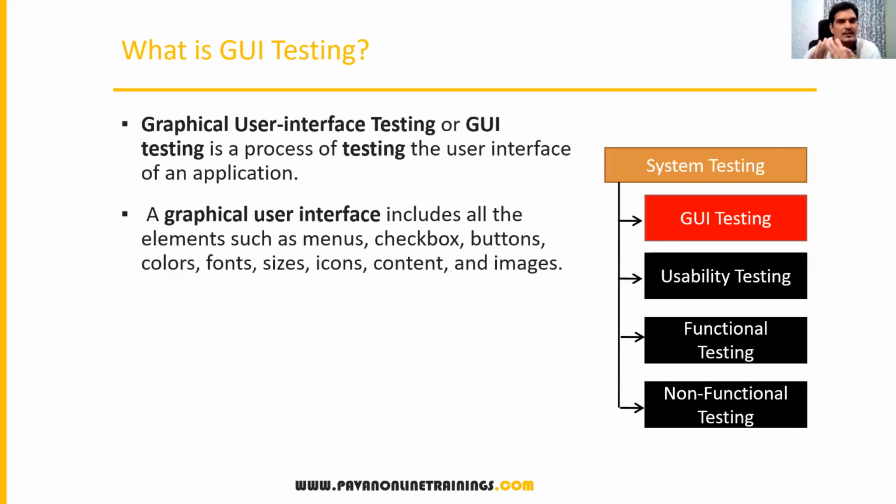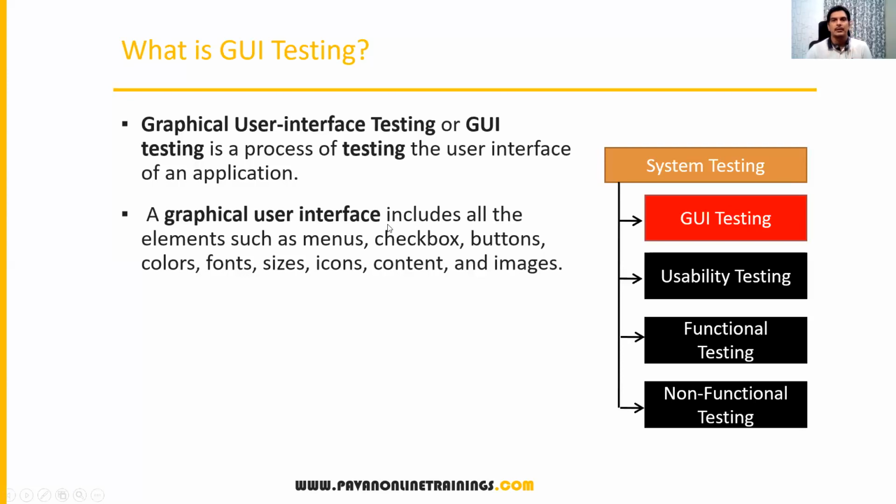So here GUI testing is mainly focusing on the front end part, the UI part, where we can interact with the application. Okay. So graphical user interface testing or GUI testing is a process of testing the user interface of an application.